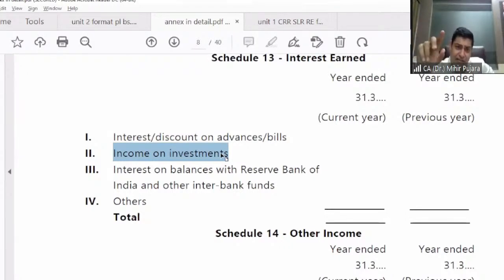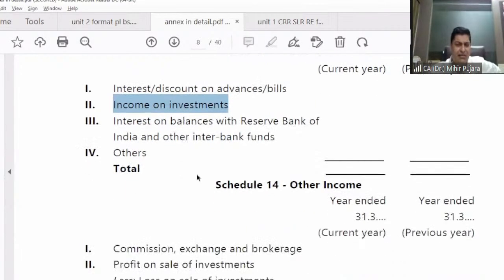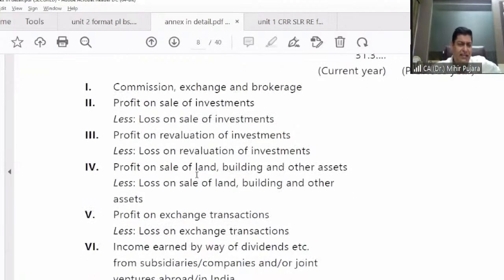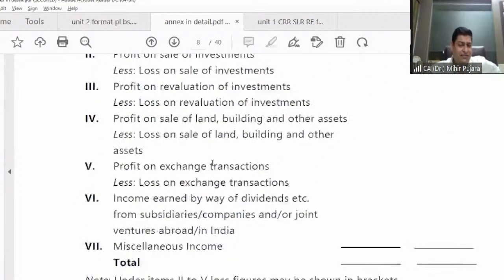And apart from these 4, all other income are part of 14. That is commission, exchange, brokerage, profit and loss on sale of investment, assets, everything. All are part of 14.